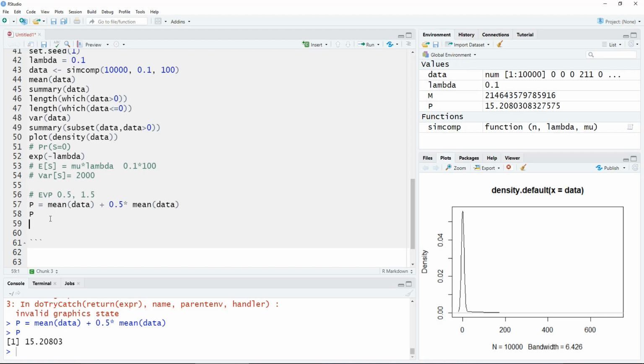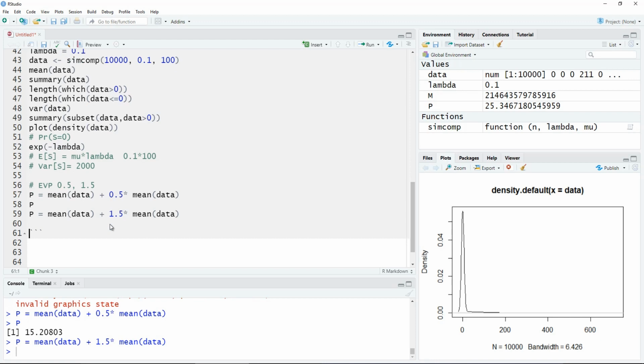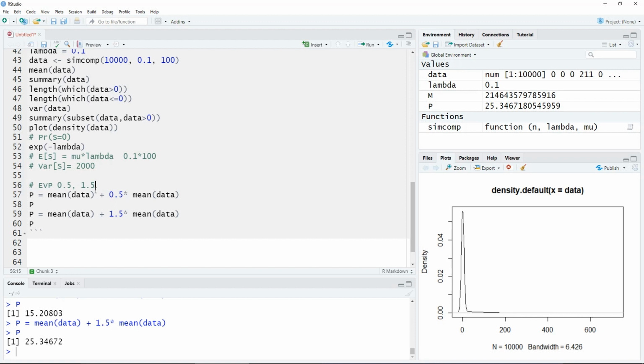And if we use the security loading of 1.5, 150%, the P will be 25. Okay, this is how we implement this EVP principle. So we have to charge premium which is about the mean value of our claims, plus some alpha which is more than 0. This is the risk premium. So the company selects it by itself.